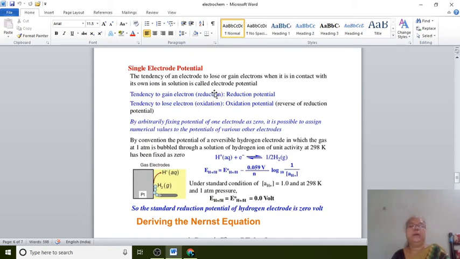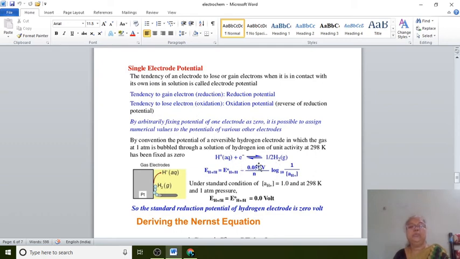Here the hydrogen gas electrode contains a platinum electrode dipped in a solution containing H plus ions, and hydrogen gas at standard pressure, or 1 atmospheric pressure, is bubbled over the electrode, and it is coupled with the other electrode.